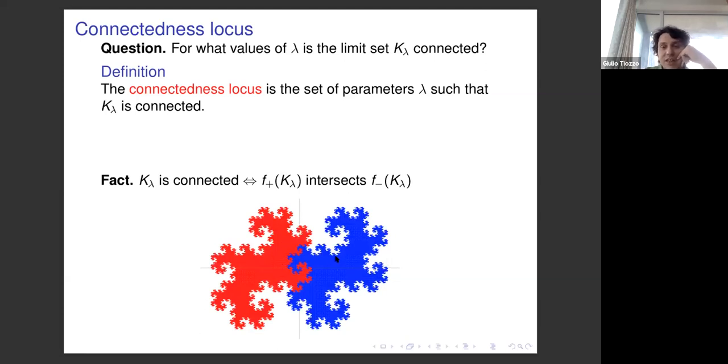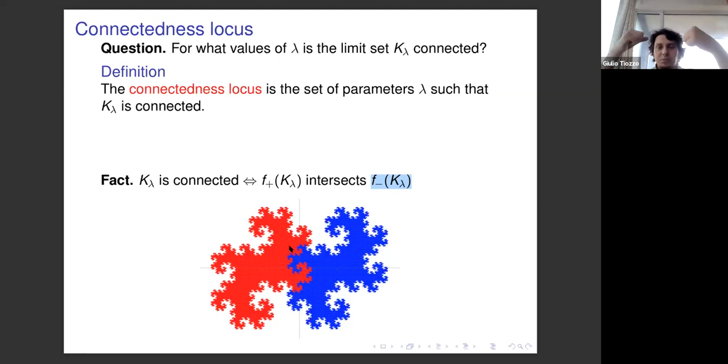One way to tell this is because if you apply the map F plus to the whole dragon, you see the left part, this red dragon. And if you apply F minus to the whole dragon, you get the blue sub-dragon, so to speak. And these dragons intersect each other. There's a point in the middle, for instance, which belongs to the boundary of both dragons.